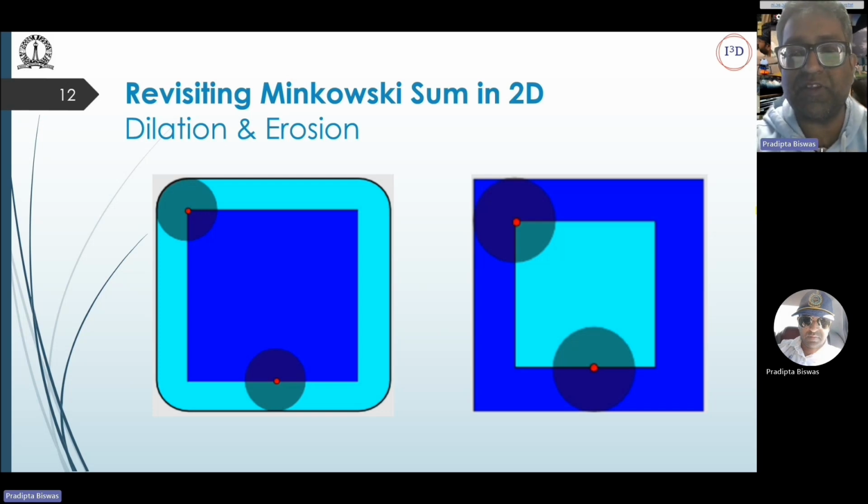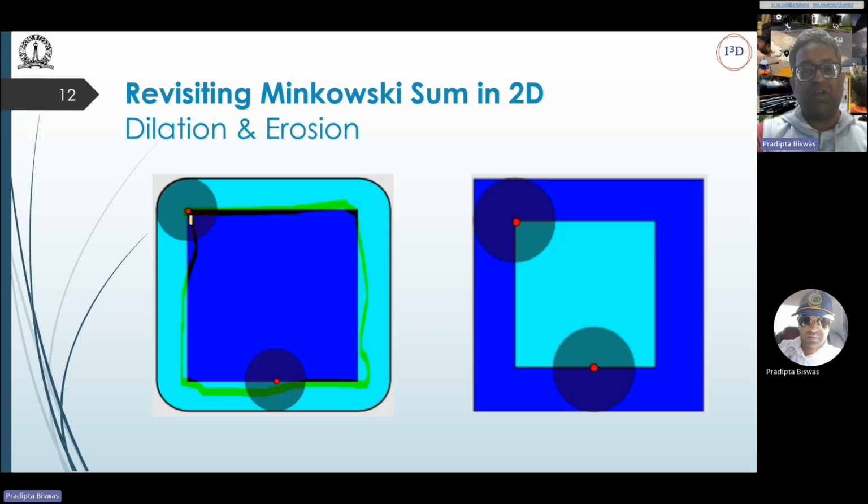These are two image processing operations, dilation and erosion, and they use the Minkowski sum and difference. In this case, as I was earlier describing, say the robot is a circle, and I drag this circle along the edge of this obstacle, the square, like this, and I draw the contour.